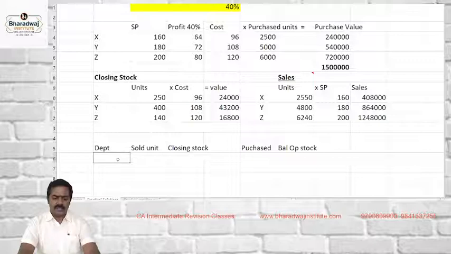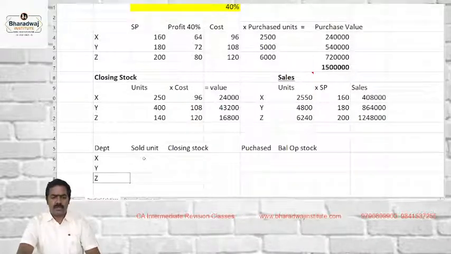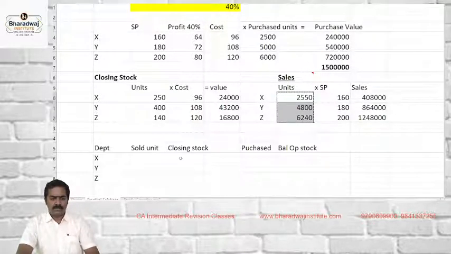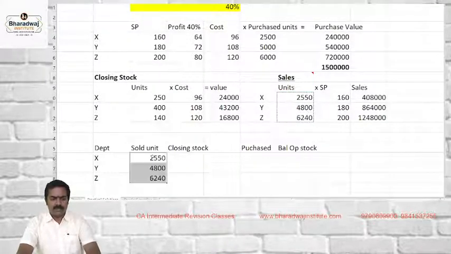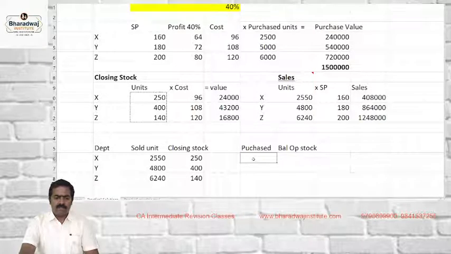So XYZ. How many units sold out? This one. And this much of closing stock is kept with us. Minus, we purchased how much?